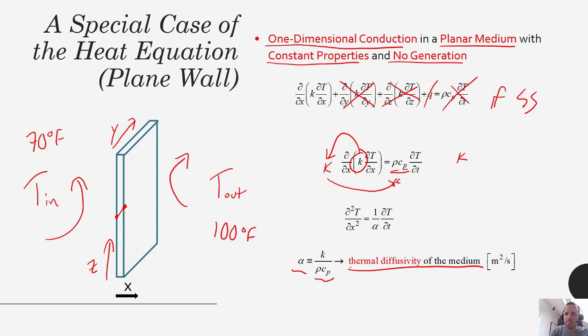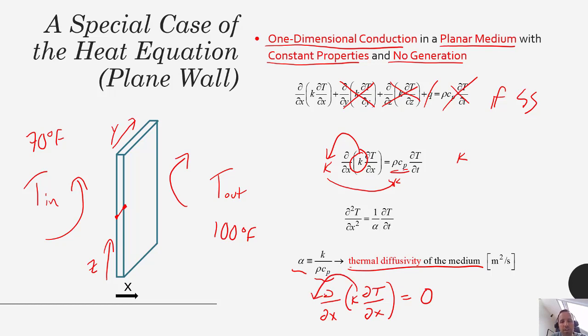So this equation can also be greatly simplified because we're just considering one dimension and not considering time. If we have d/dx of k times dT/dx equals 0 at steady state, again, if k is constant and not a function of temperature or of x, as I mentioned before, we can pull that out.